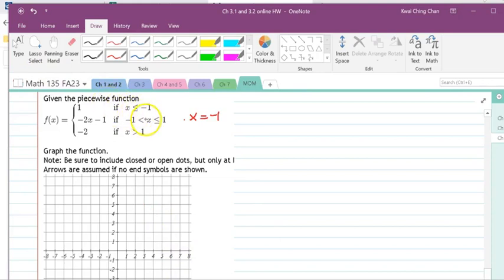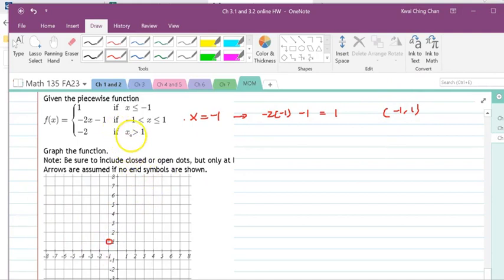But when it's just close to negative 1, we can find the boundary. So plug it in. It will be negative 2 times negative 1 minus 1. 2 minus 1 is 1. So there should be an open circle at negative 1, 1.